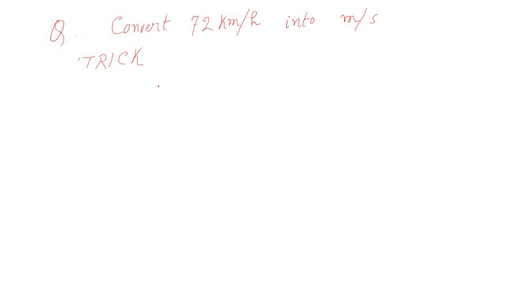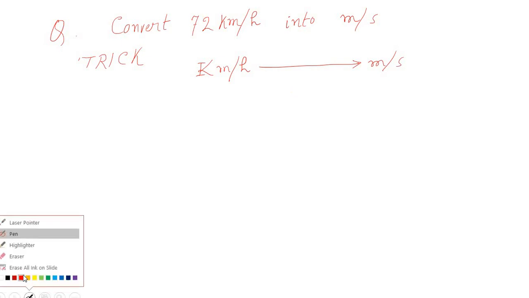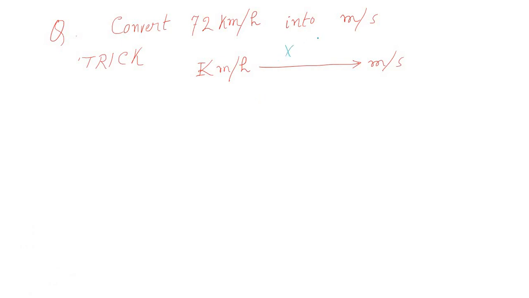If we are given kilometer per hour as the unit of velocity or speed, and we are supposed to convert it into meter per second, we simply multiply by 5 by 18.